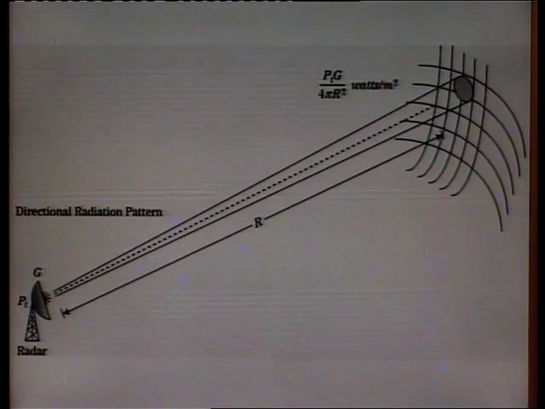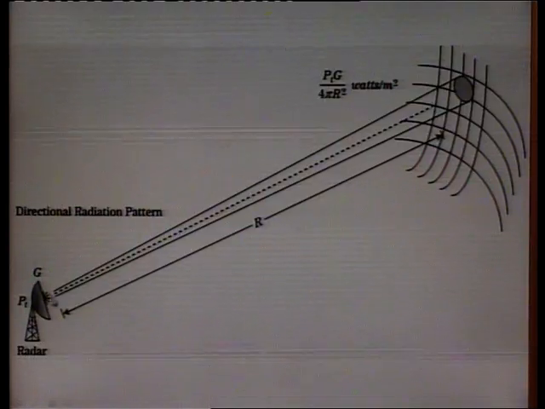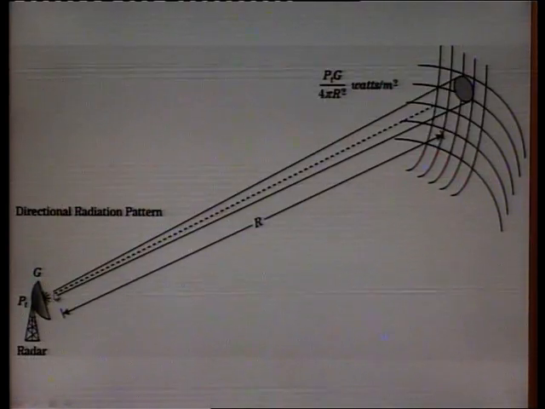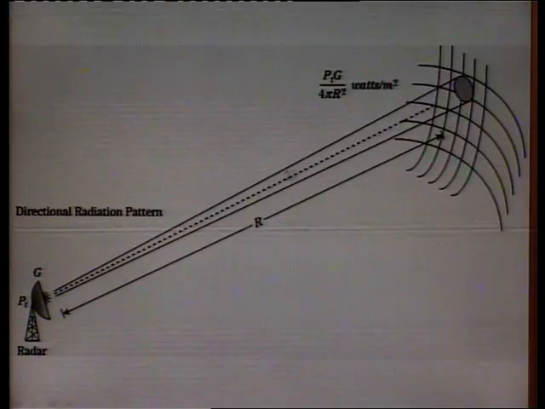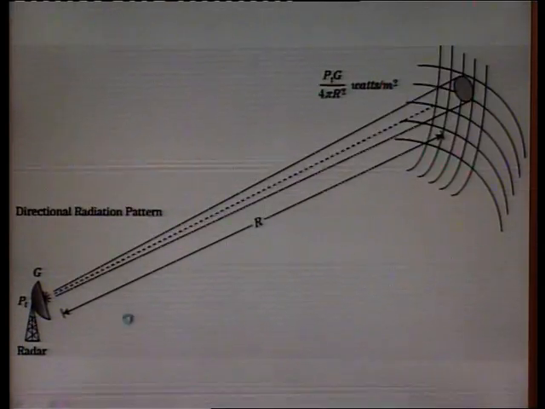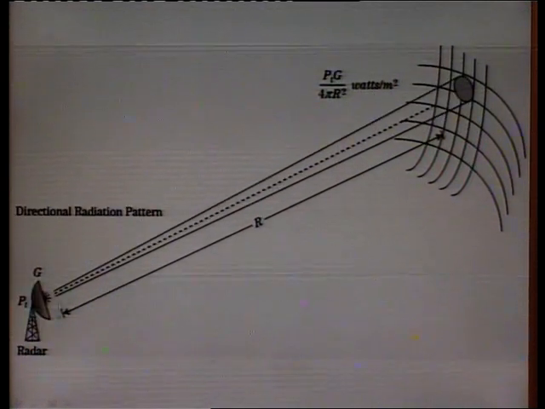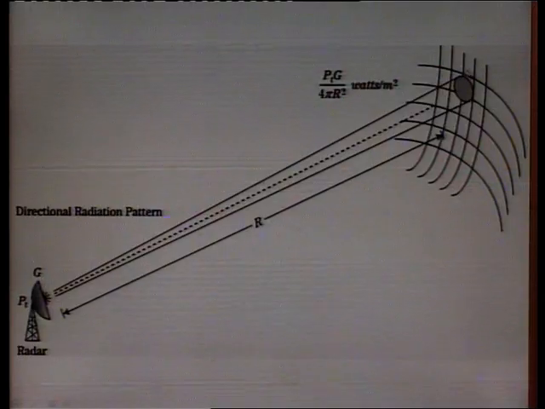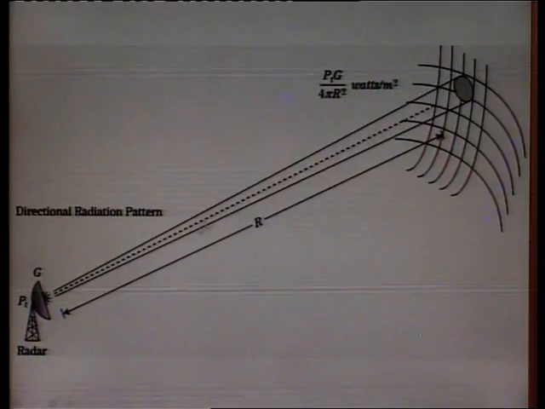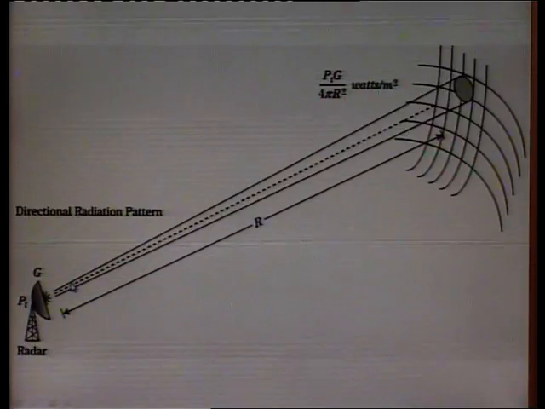The signal which was scattered all around the antenna is now concentrated or focused in a particular direction, and the maximum strength of the signal travels in this direction.